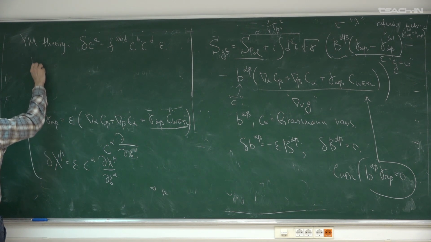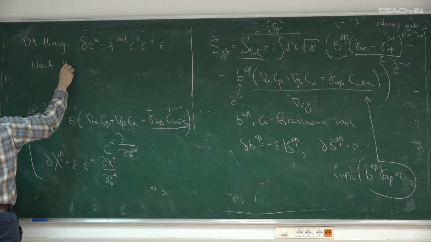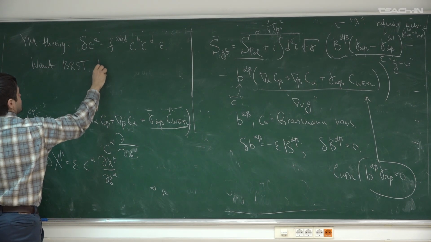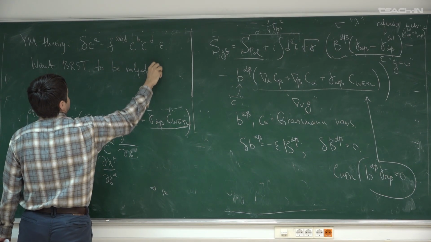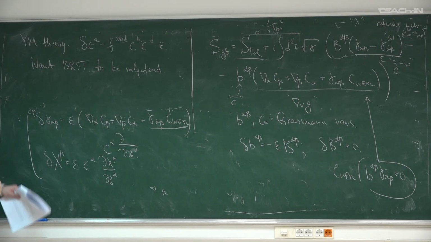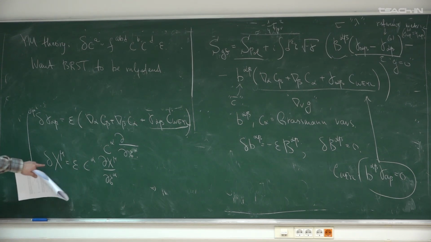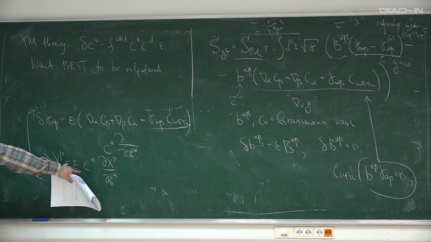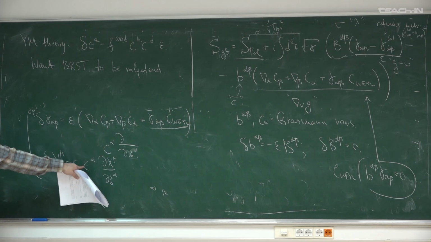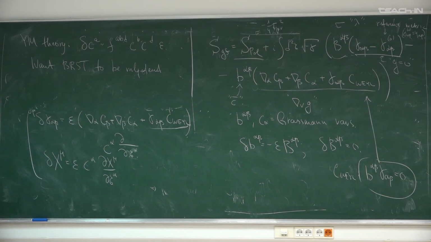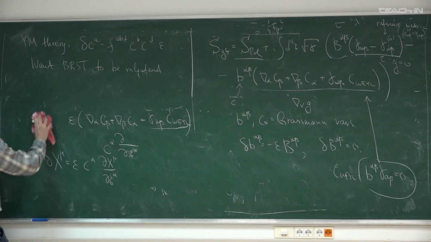We want BRST to be nilpotent. There are various ways of deriving it, you can derive it from first principles, but this is a quick way of deriving the C transformation. You see the transformation of X is this. Now if we do a second transformation, we will need the transformation of C, so that's where we can get it from.